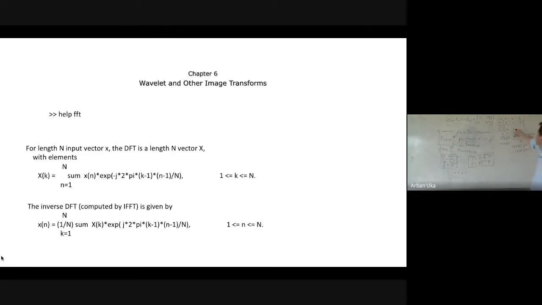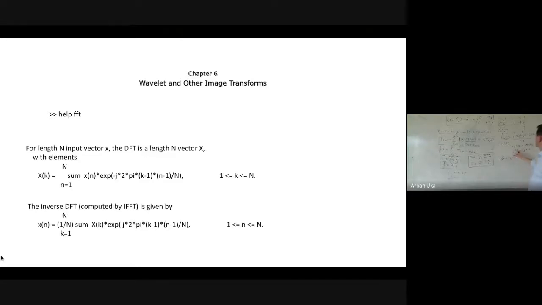Then we go to the second term, where k is equal to 2. According to what we see on the slide, this is exponential of minus j 2 pi times (k minus 1), with n minus 1 being 0 for the first term. So this gives 0 divided by n, and X_k for k equal to 2 will be just 1.